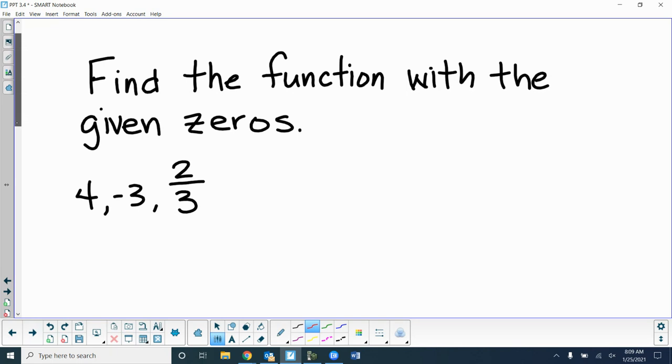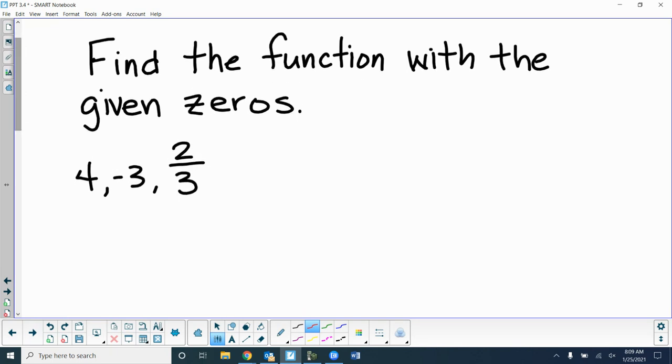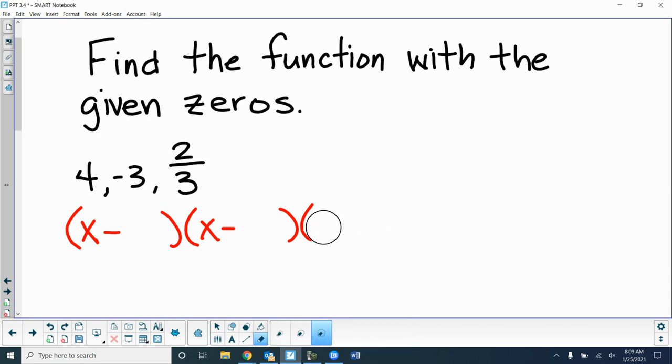When you start these, you always start x minus. Since there's 3 of them, I put 3x minus, whoops, let me do something there. Okay? So you just put the numbers.